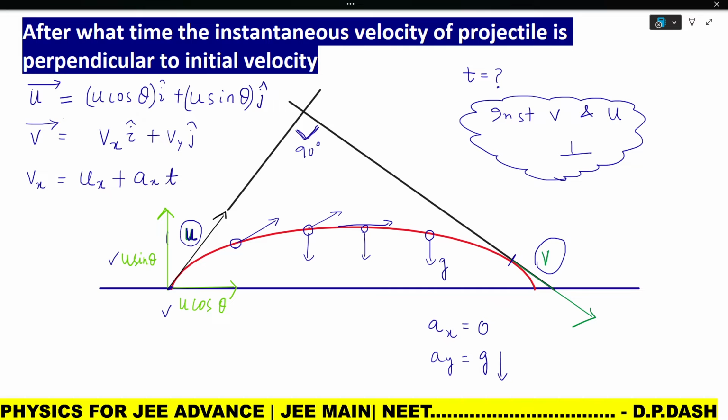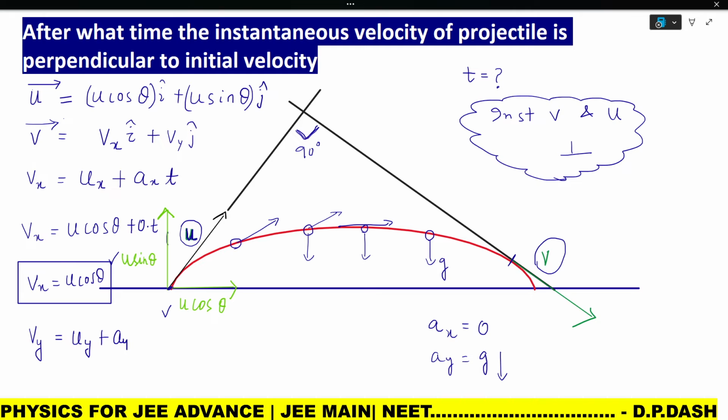So here vx equals, since acceleration along the x-axis is 0, u cos theta plus 0 into t, or vx equals u cos theta. This is the value of vx. Similarly, here you can take the velocity along the y-axis, the instantaneous velocity, that is uy plus acceleration along the y-axis into t.